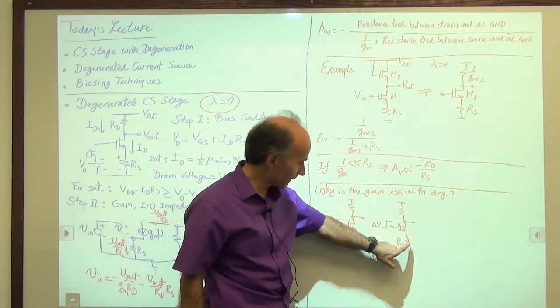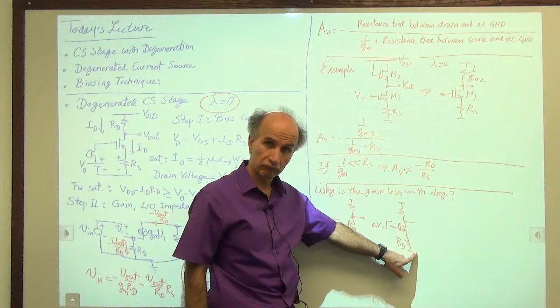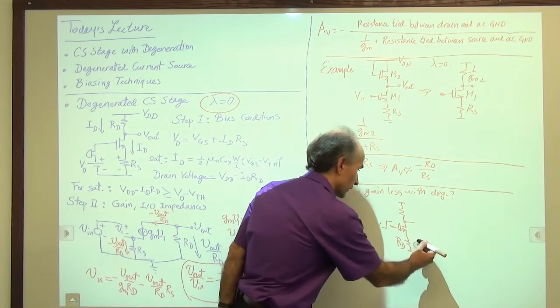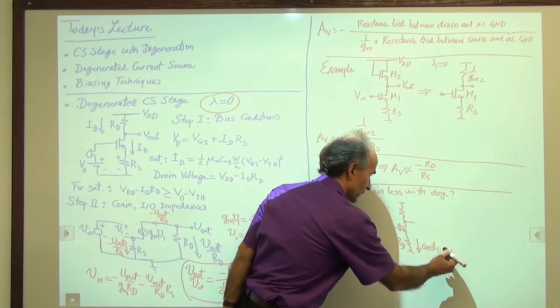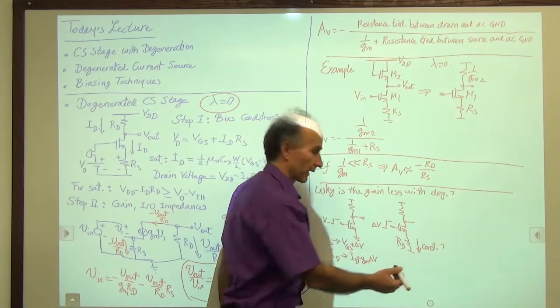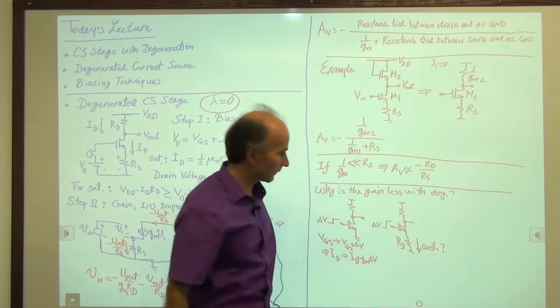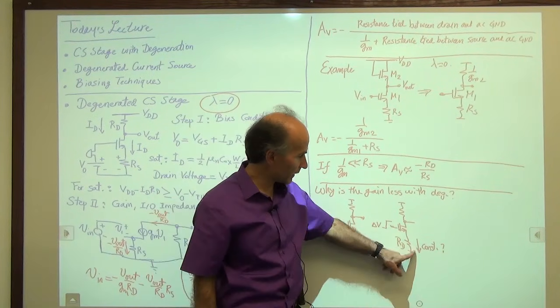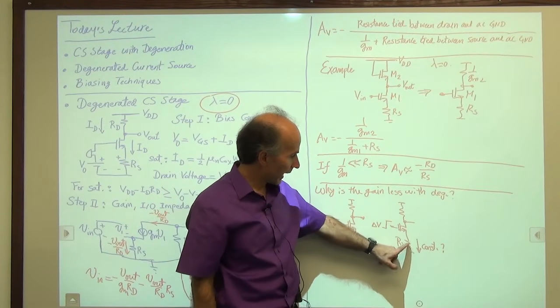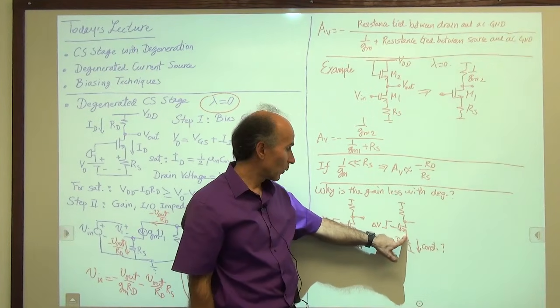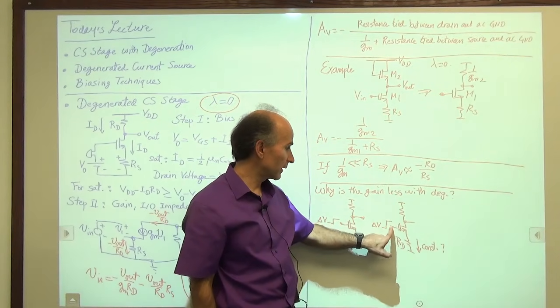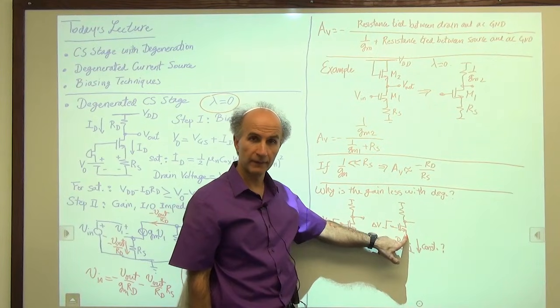Okay, if this voltage is constant, what can I say about this current? It's constant. So this current is constant. We put a question mark here because we're just playing right now. Okay, so if this current is constant and the source voltage is constant, then when the gate goes up by delta V, VGS goes up by delta V, right?